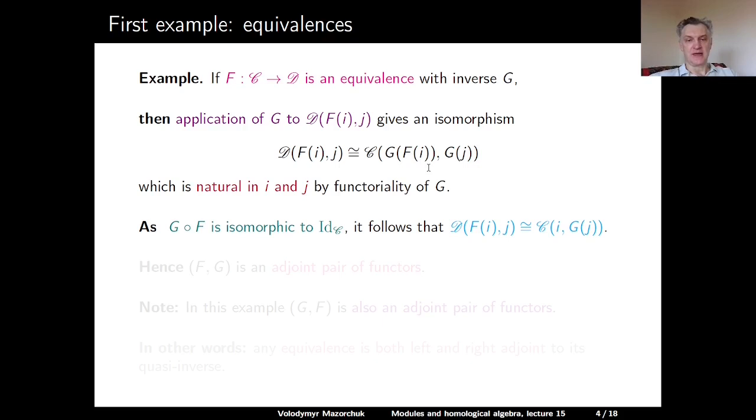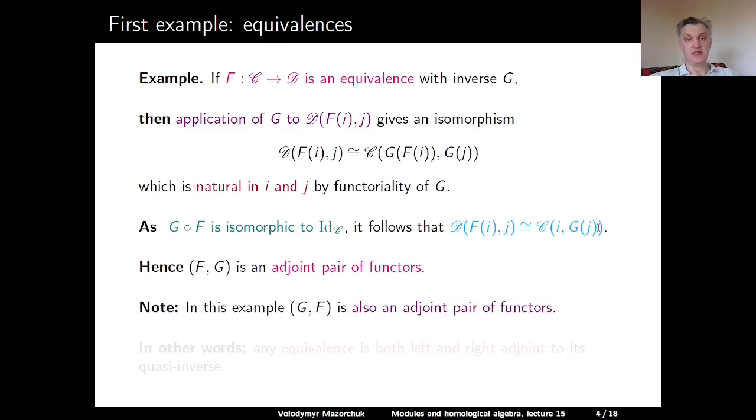So we have an isomorphism between Hom_D(F(I), J) and Hom_C(I, G(J)), which is natural both in I and in J. This proves that the pair F, G is an adjoint pair of functors.